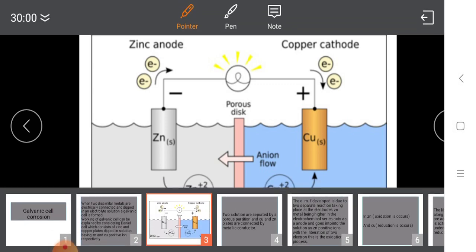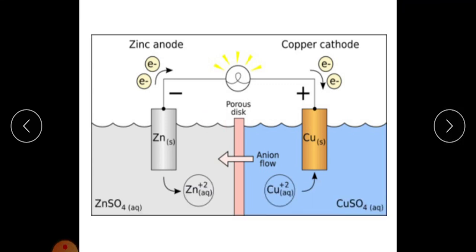So let's see, this is a diagram for galvanic cell corrosion. This is a zinc electrode and this is a copper electrode. These are both dissimilar electrodes. When two solutions are separated by a porous partition, this porous disc separates the zinc sulfate and copper sulfate solutions.